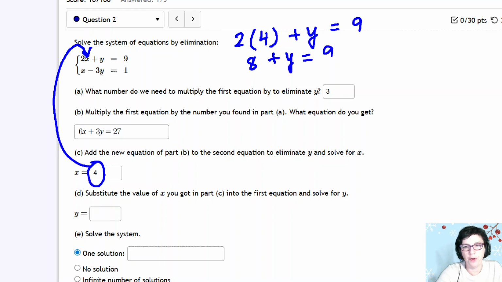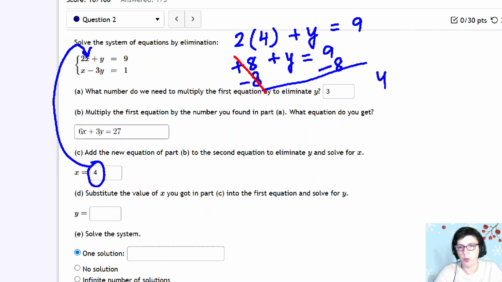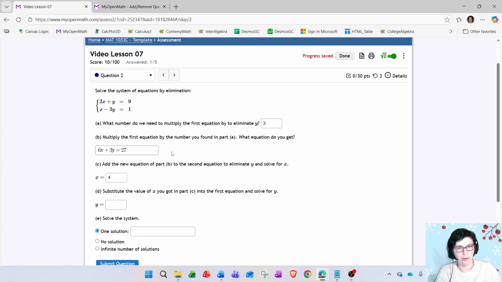And then finally what we're going to do is subtract 8 from both sides, right? Because it's plus 8 minus 8. When we add it up, we're going to get rid of the 8s. So plus 8 and minus 8 cancels. And so we're going to just wind up with y equals, what is 9 minus 8? Well, that would be 1. So that tells you that y equals 1.